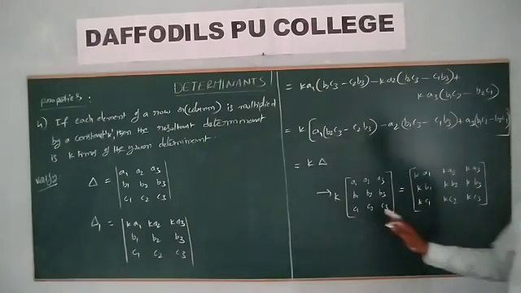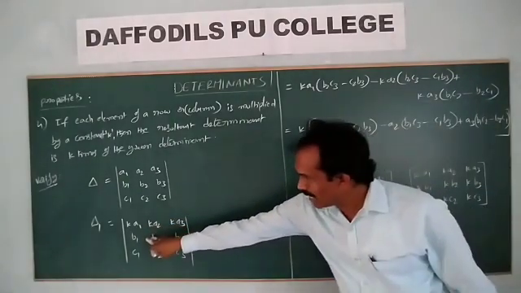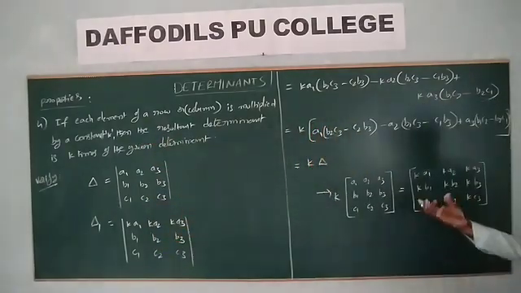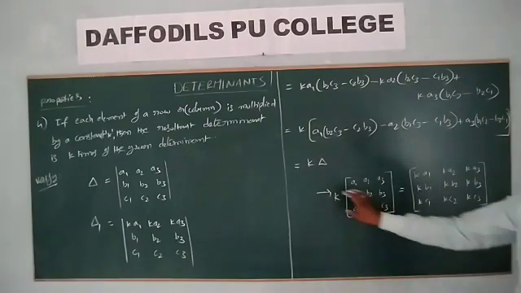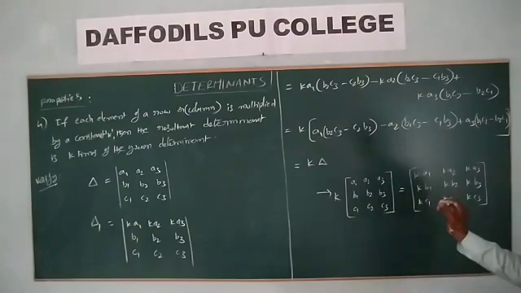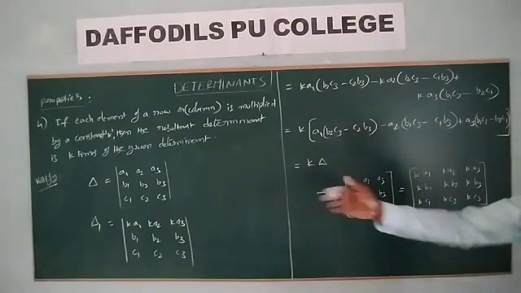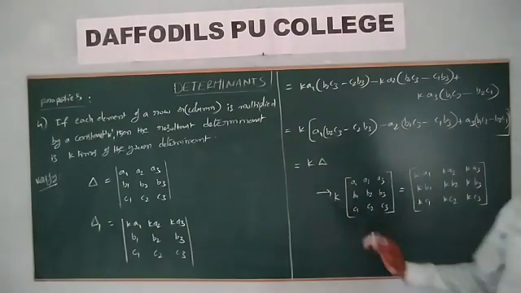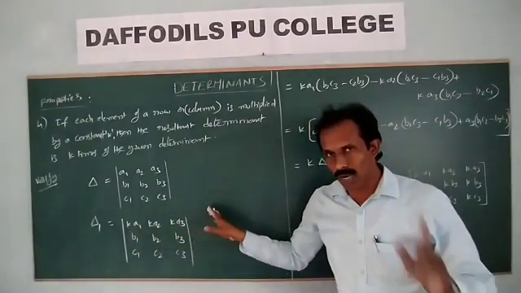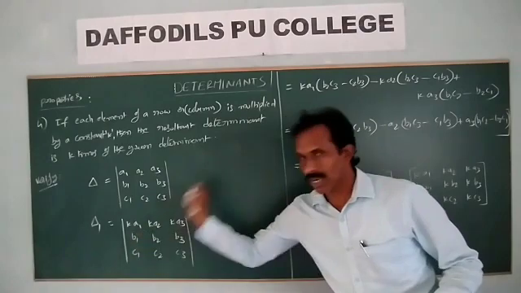You observe here also: multiply k with the determinant, and multiply with this matrix. In a matrix, the scalar multiple applies to each and every element of the matrix. But in the determinant, not like that. It is possible only for any one row or any one column.